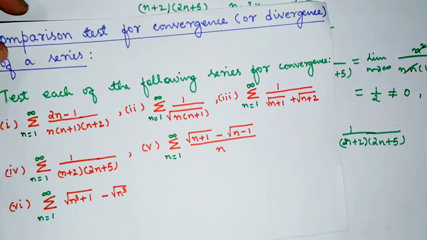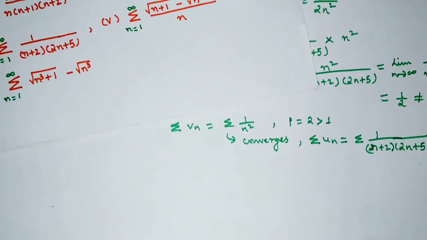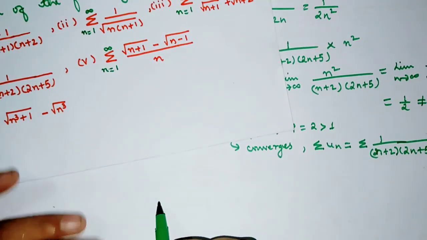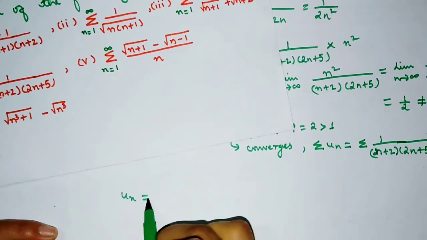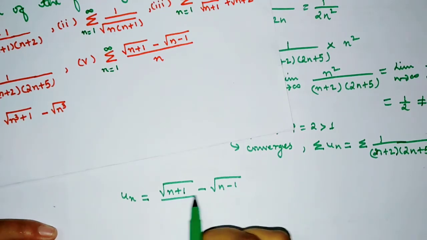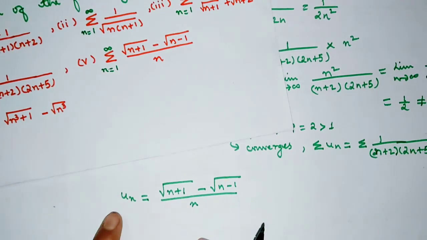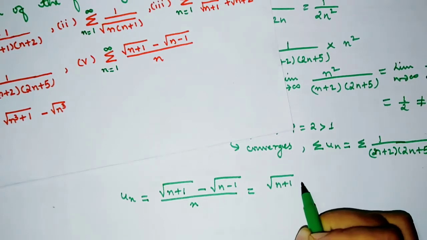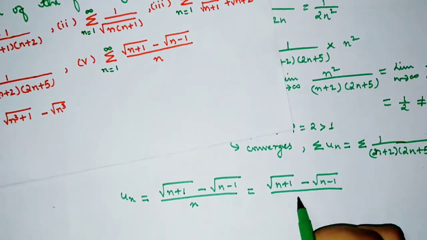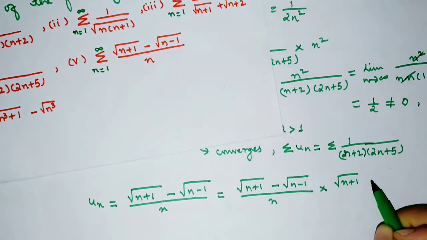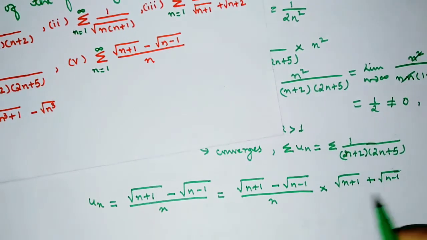Okay, let's do the fifth one. What is our Un from there? It is square root n plus 1 minus square root n minus 1 upon n. So we have to find Vn from this. Let us rationalize the numerator. Rationalizing the numerator, we multiply by root n plus 1 plus root n minus 1.